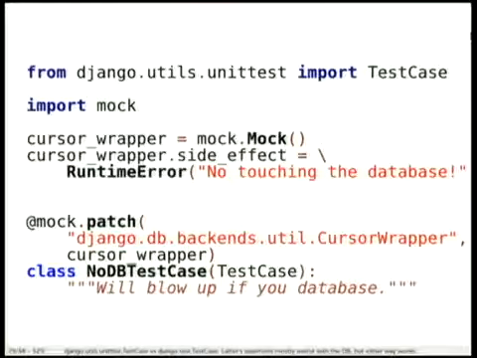Oh, one other subtle thing in this slide, this NoDB test case, I'm actually inheriting it from Django.utils.unittest.TestCase. Django.utils.unittest is Django's bundled version of the unittest library. So when we import TestCase directly from there instead of from Django.test, we're getting a bare test case that doesn't do any of Django's fancy database setup and transactional handling and database teardown.